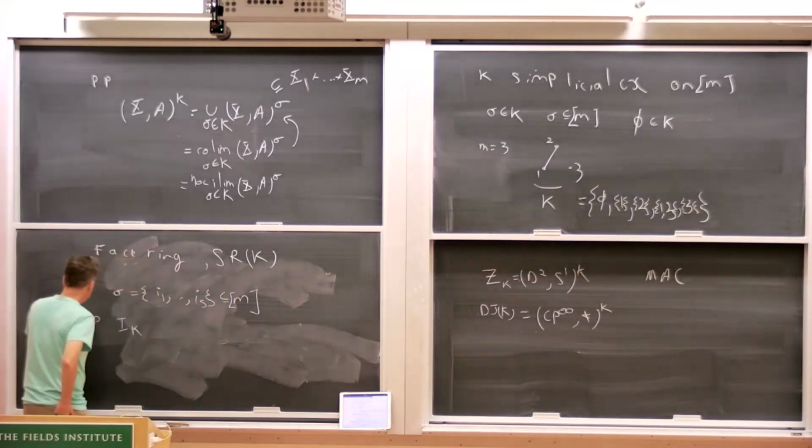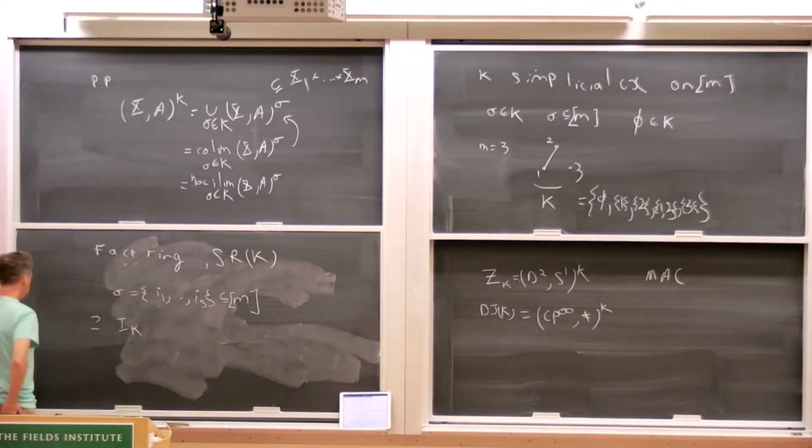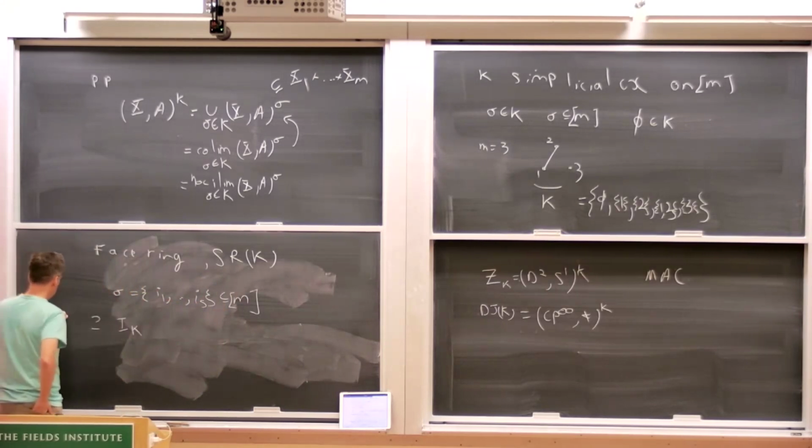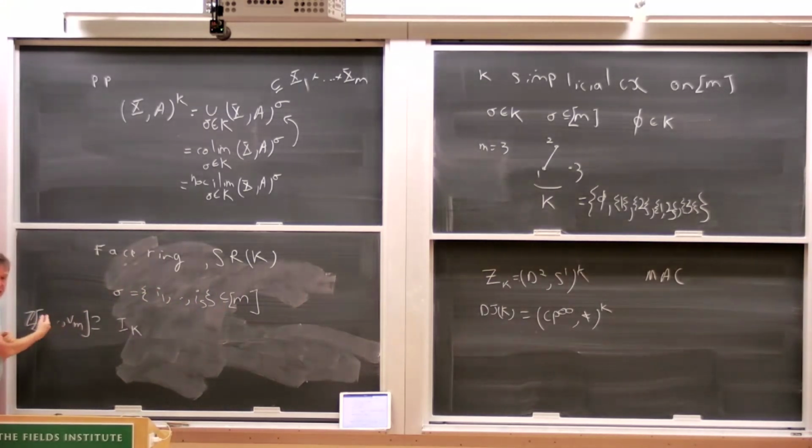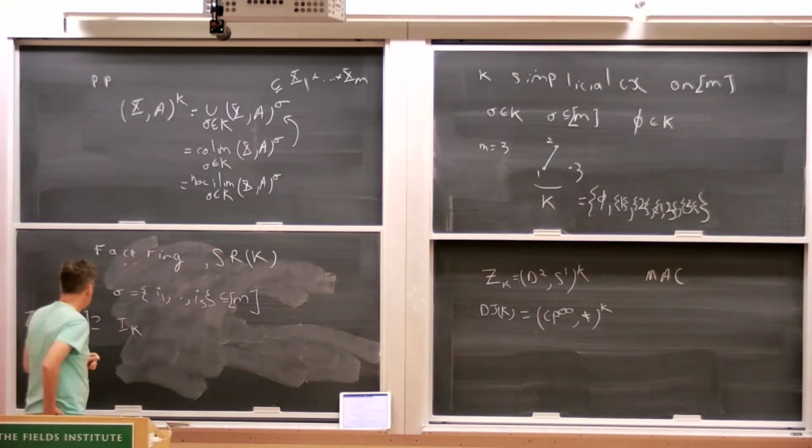This is a subset of the polynomial ring Z[v_1, ..., v_m]. K is a simplicial complex on 1 to m, and this corresponds to all the vertices of K.